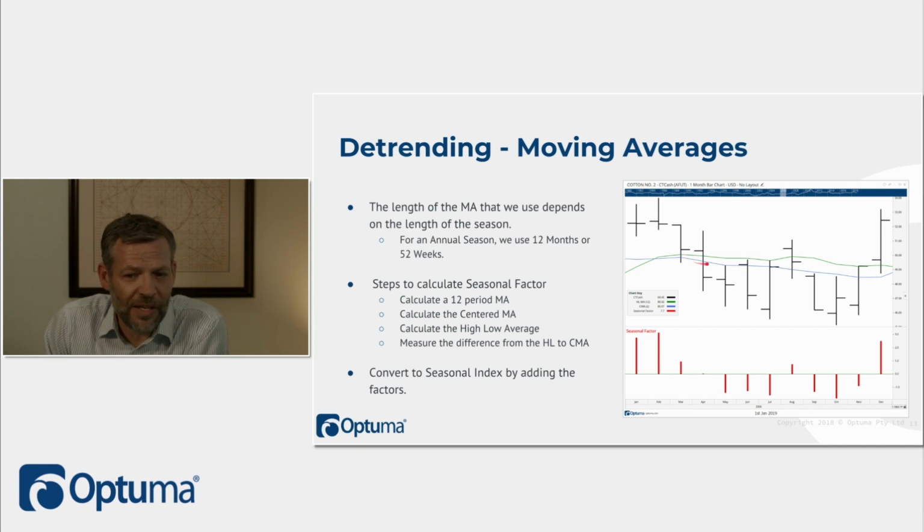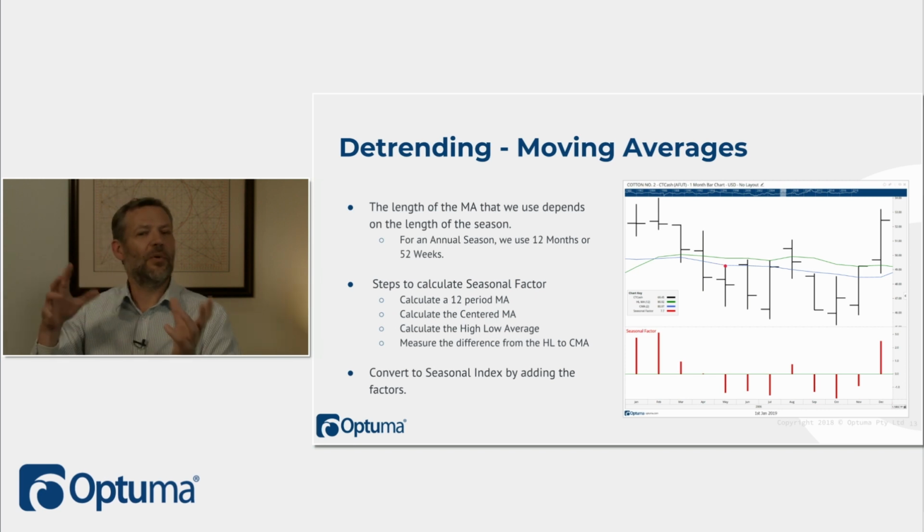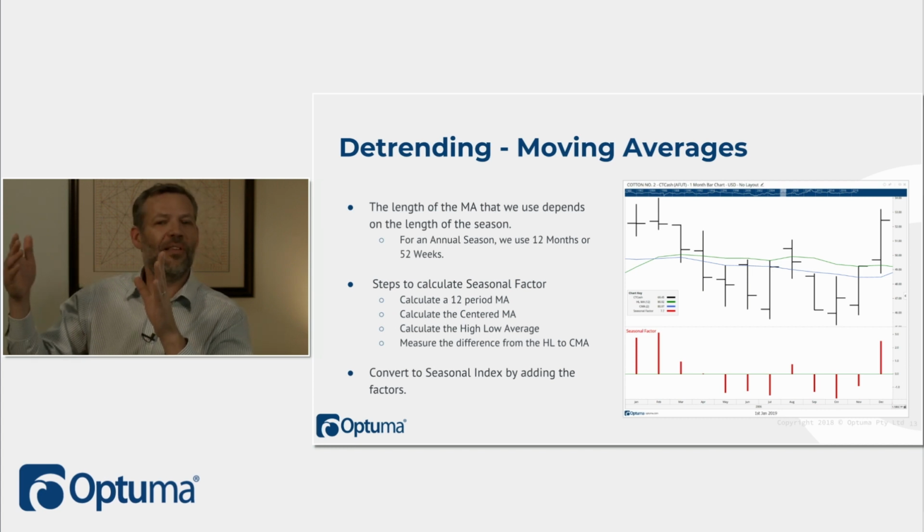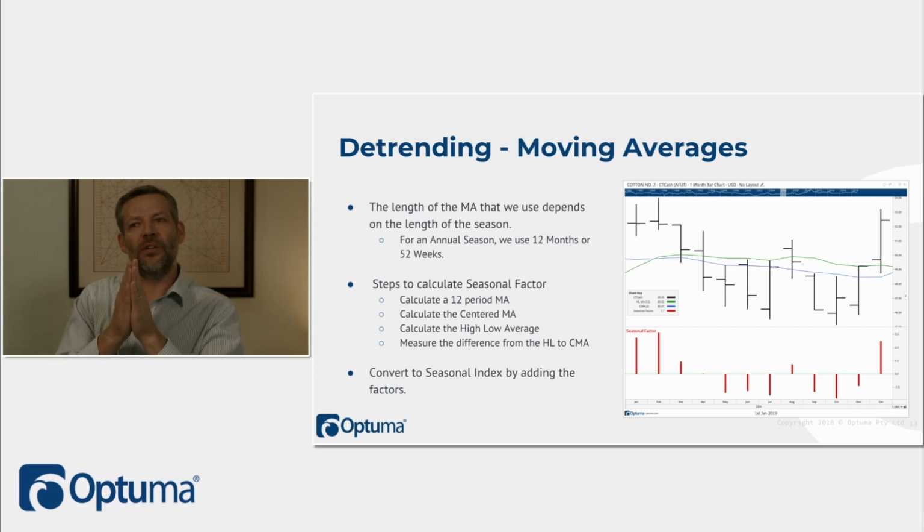Then the next thing he does is create a centered moving average. When we deal with our different moving average types, most of them are at this point in time and look back. The problem with doing that is that there's a lag inherent in that. So one of the ways that we deal with identifying cycles is using centered moving averages.